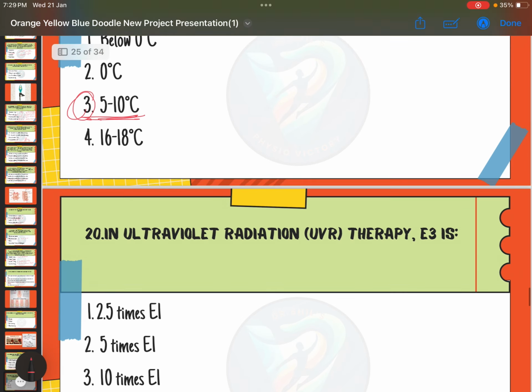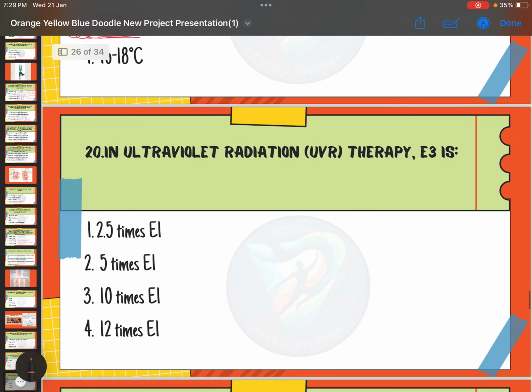Next, come to question number 20. In ultraviolet radiation therapy, E3 is option 1 2.5 times of E1, option 2 5 times of E1, option 3 10 times of E1, option 4 12 times of E1.